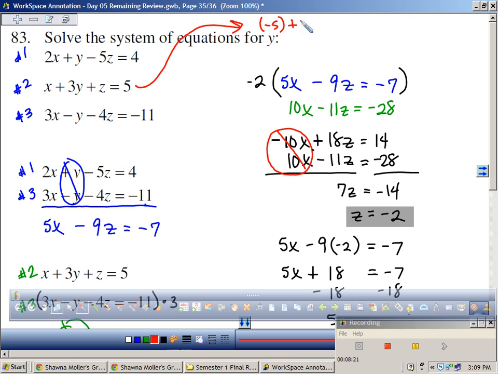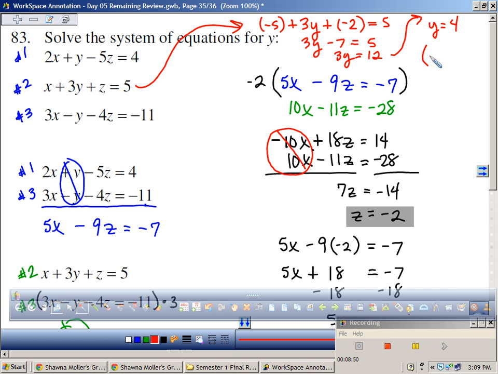Plus 3y, we don't know what y is, plus z, which is negative 2, is going to equal 5. Negative 5 and negative 2 make negative 7. So 3y minus 7 equals 5, or 3y equals 12, or y equals 4.